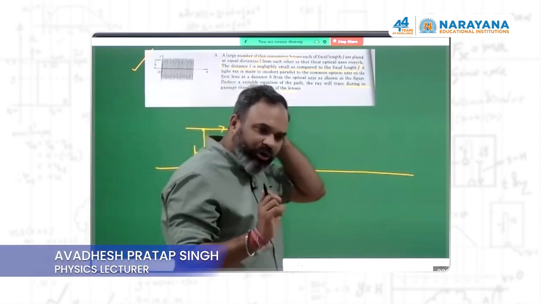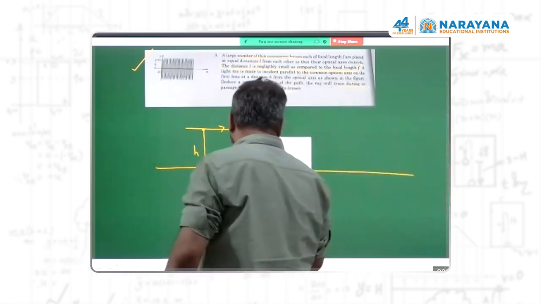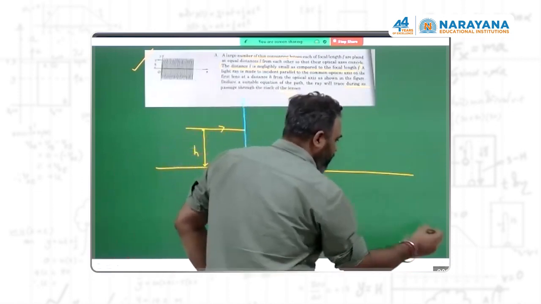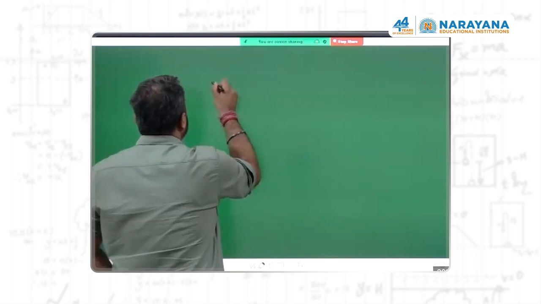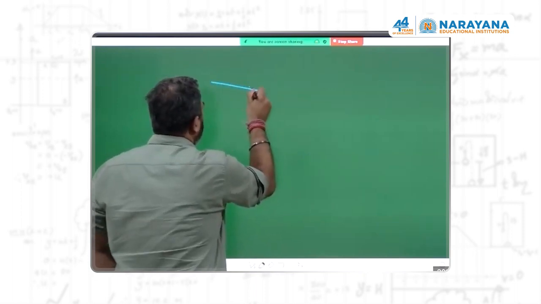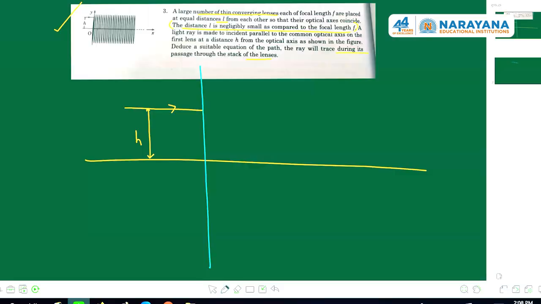So there are some conceptual points we will use in this problem to find the equation of trajectory, and for that, let me treat a general location. Let's say the ray has already tilted. While passing through this grid of lenses, if the ray has already tilted by some angle theta, I want to analyze the motion of the ray in that span of dx, from x to x plus dx.